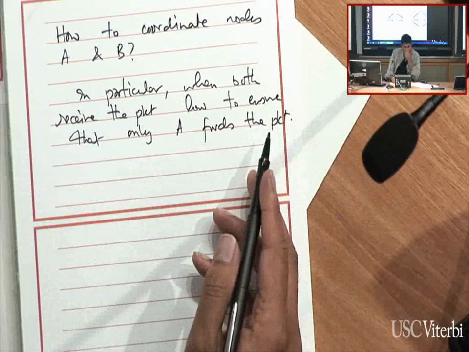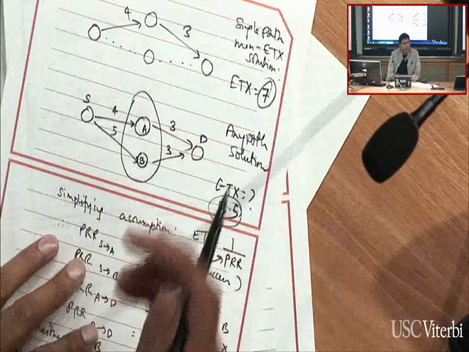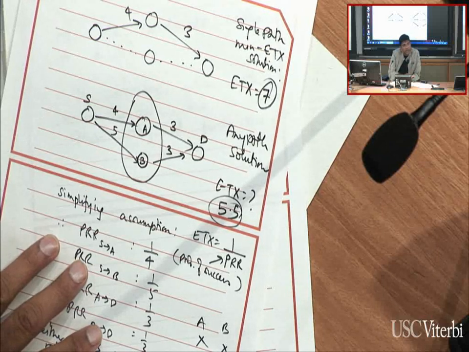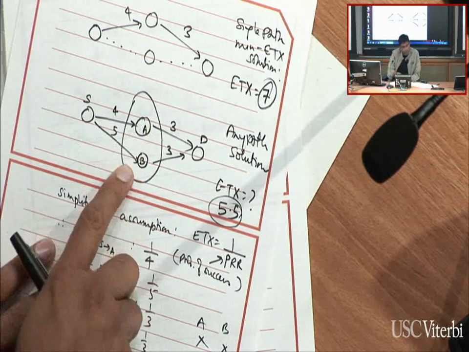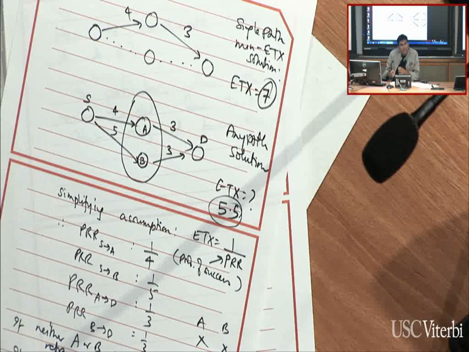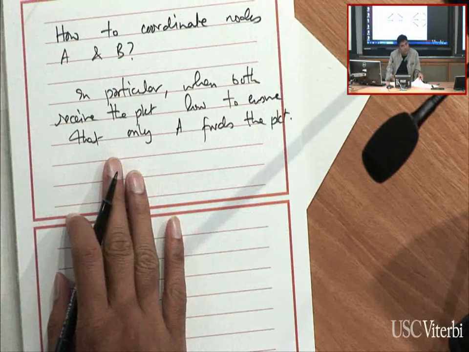And why is this a non-trivial consideration? It's because by definition, these are two different nodes. They're not being controlled by the same processor. And no centralized entity is aware of what happened. So if B receives a packet, it doesn't know whether A got it or not. If you write in your code, you get a packet, you forward it, then it'll forward it regardless of whether A got it. Right? So a purely distributed approach couldn't solve this issue.